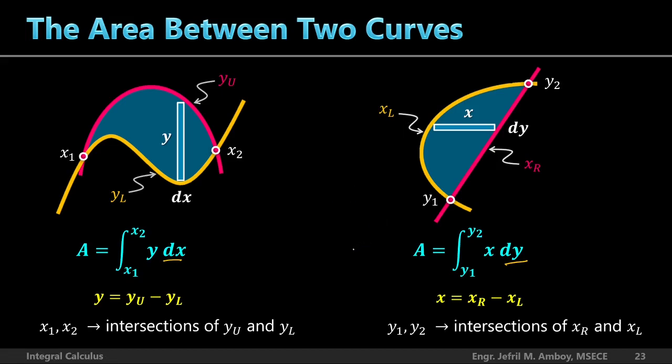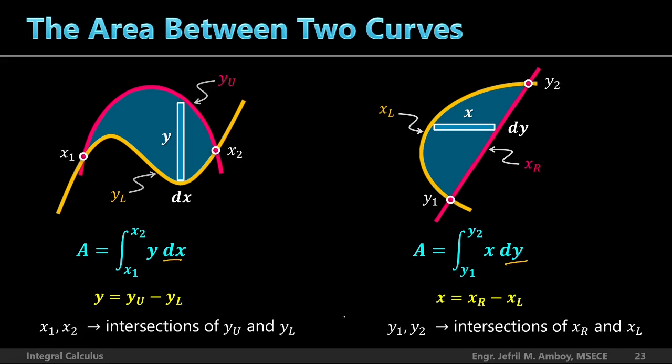Now, sir, you may ask, paano ko malalaman yung values ng x1 at x2? Paano ko malalaman yung values ng y1 at ng y2 kung hindi sila given? Yan, magandang tanong yan. Now, sinabi natin na itong mga limits na ito ay intersection ng dalawang curves. Yung upper at lower or possibly yung right at saka left curve.